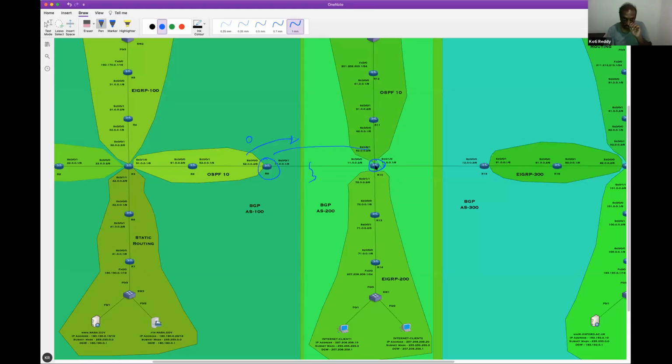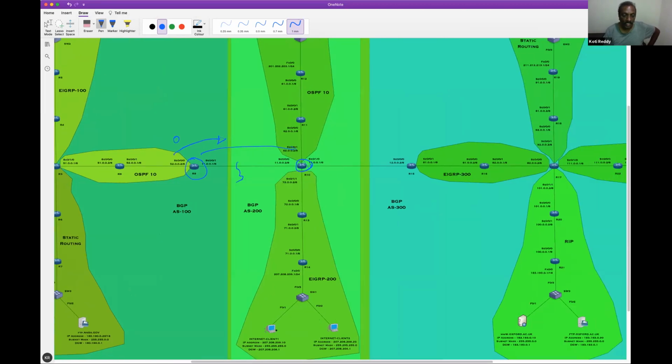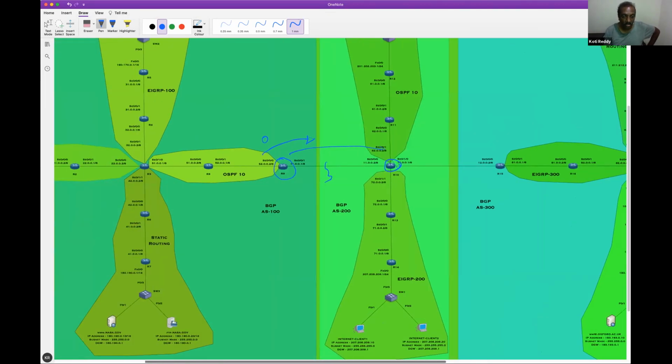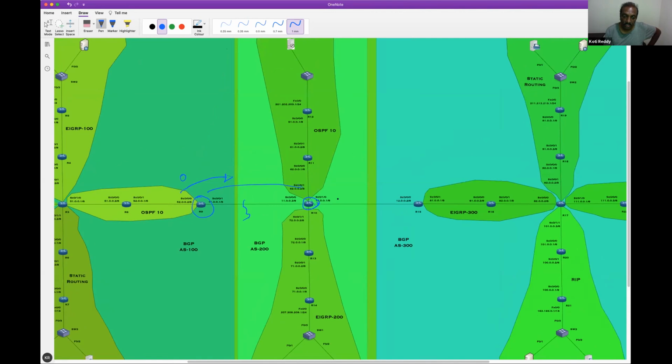Now, these routes have come till R10, right? So the ISP1 routes have come till R10. But they're all listed as BGP routes here. Now they should be sent into OSPF on this side, and to EIGRP on this side, right?